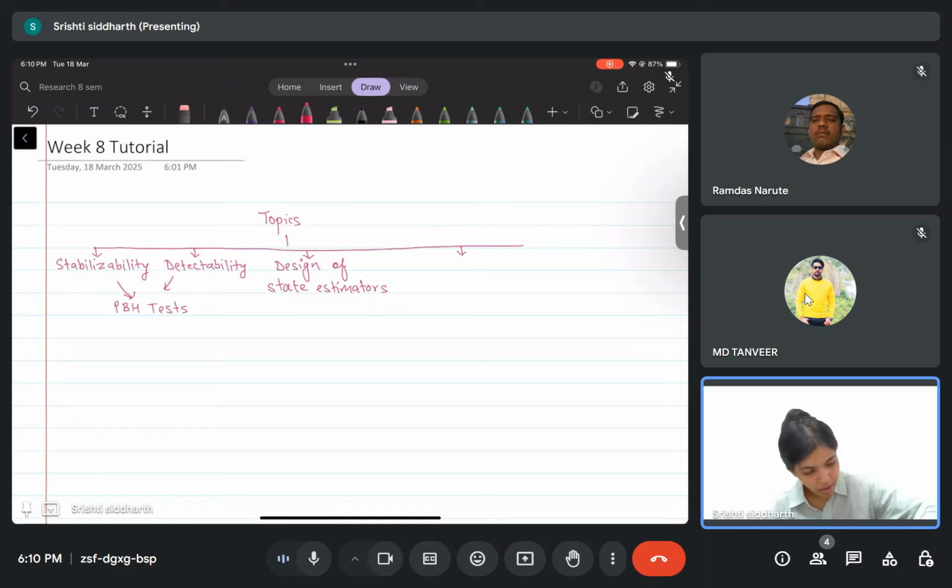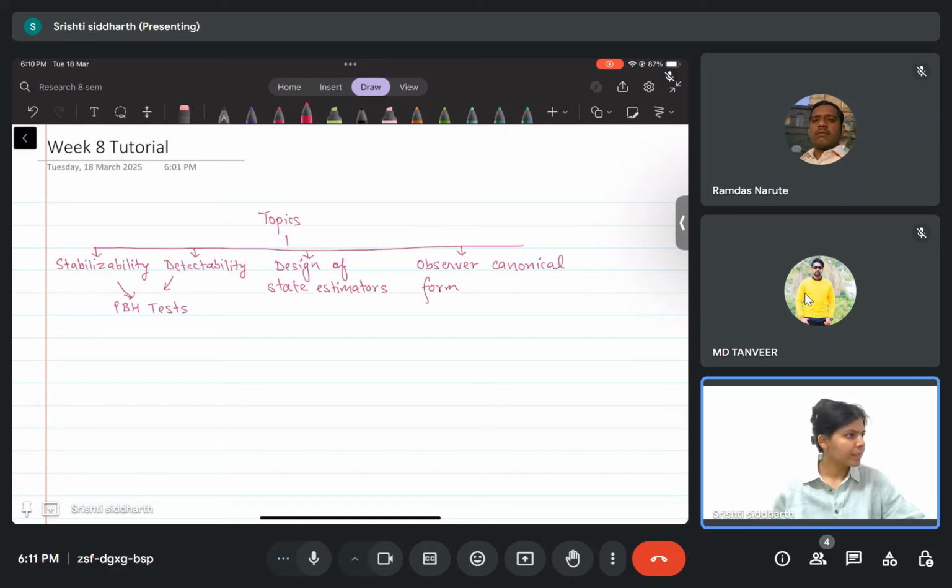We are just going to look at how to obtain the observable canonical forms.